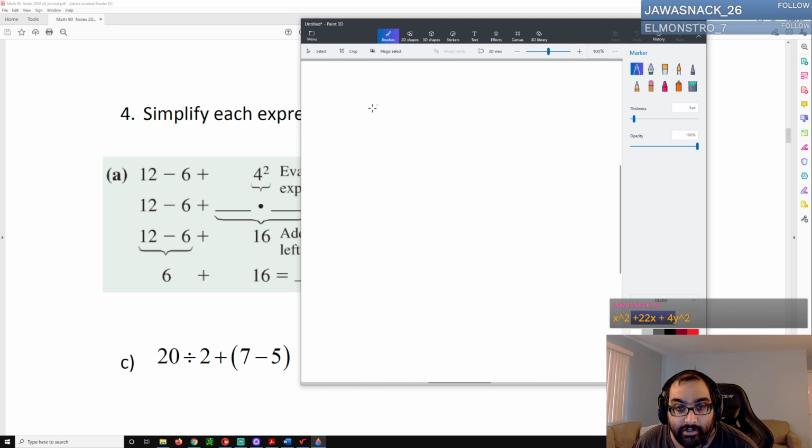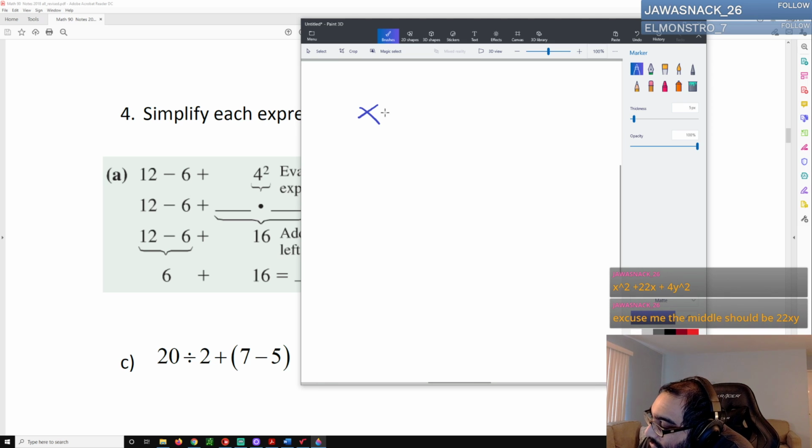X squared plus 22x plus 4y squared? Oh, yeah, okay. I was going to say, oh my gosh, please. You're going to scare me there. All right, and you have to find the roots, right?